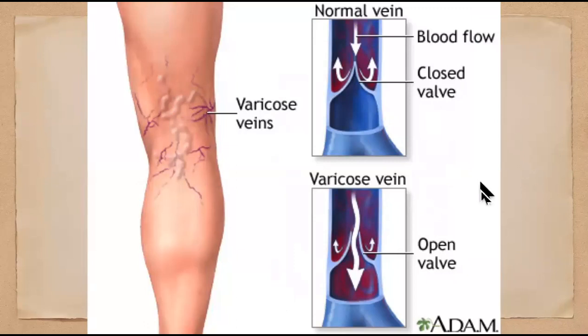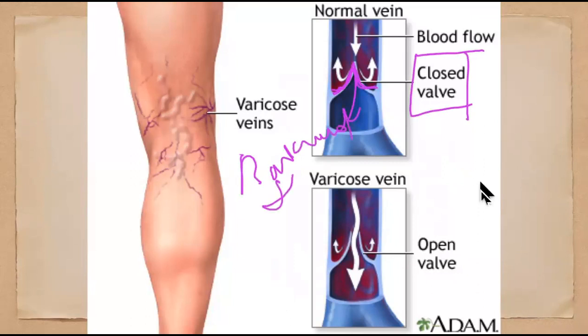See, this one is the closed valve. The valve is closed, there is no backward flow, right? You see here the valve is open. That means the valve is incompetent. Incompetency of the valve.